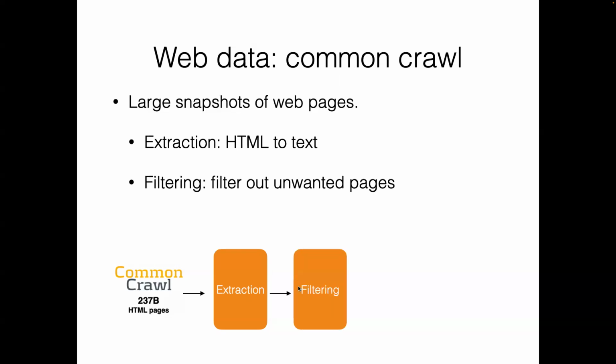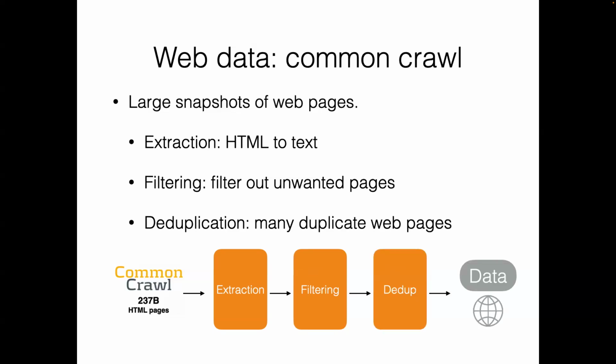Second is you can spend a lot of effort on filtering. So either filtering out unwanted pages or noisy pages, or filtering for a particular type of data that you want. And then third, it turns out that when you look at the internet, especially multiple snapshots of it, there's tons of duplication.